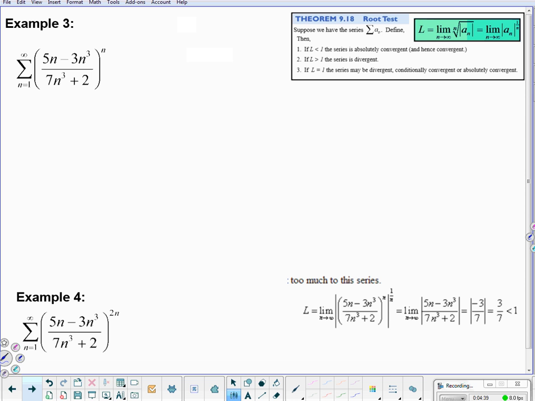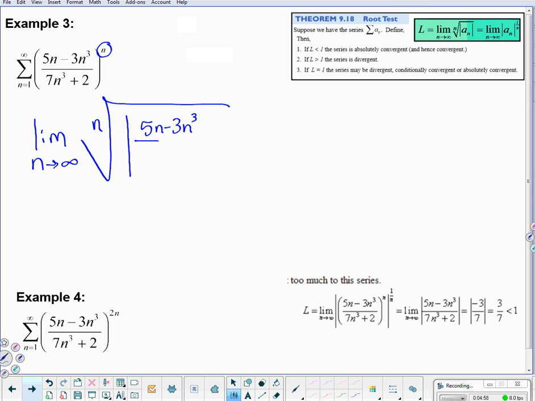Lots going on, and especially having this big power of n out there, the root test is going to be nice because it's going to allow us to zap that away immediately. So we've got the nth root of the absolute value of (5n minus 3n cubed) over (7n cubed plus 2), all raised to the nth power.